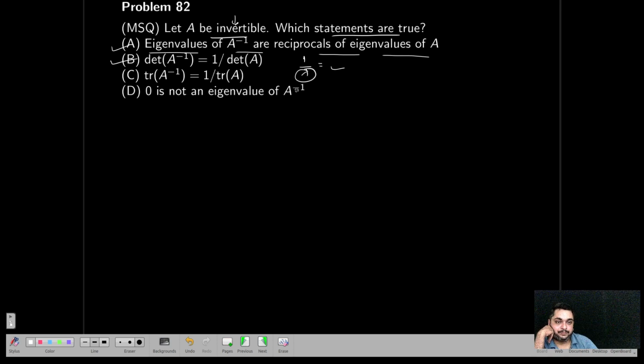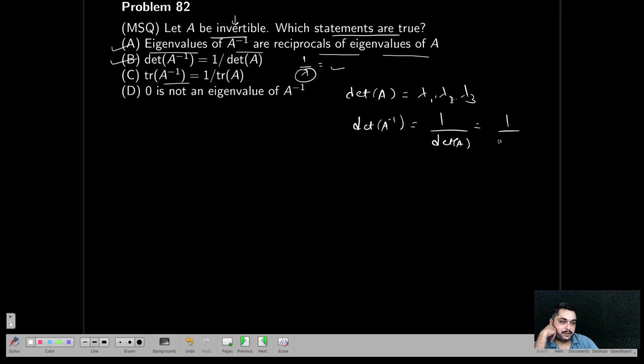Similarly, trace. Determinant of A is equal to lambda 1 into lambda 2 into lambda 3, for example, for this matrix. Now, determinant of A inverse, if I write it as 1 by determinant of A, will be 1 by lambda 1 into lambda 2 into lambda 3. So this statement is true.